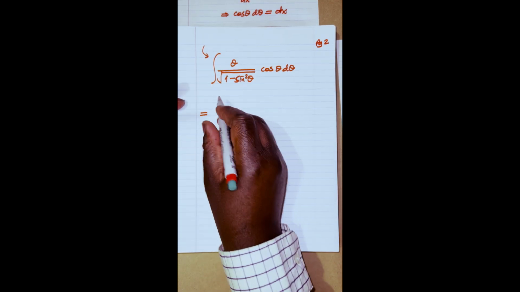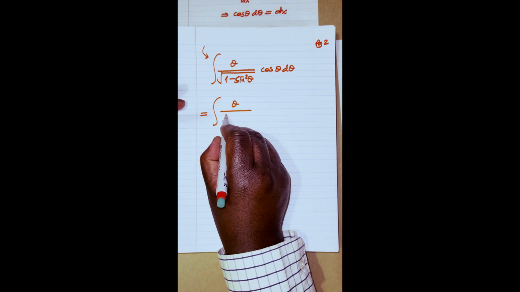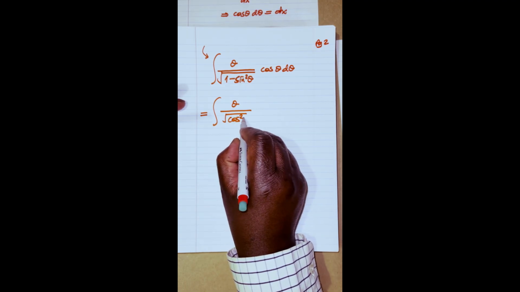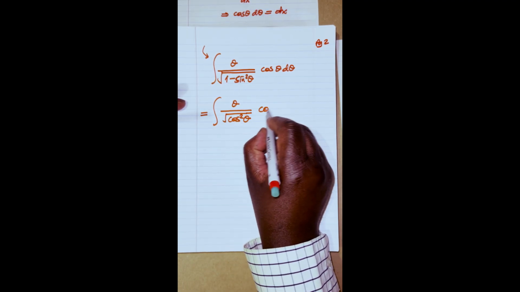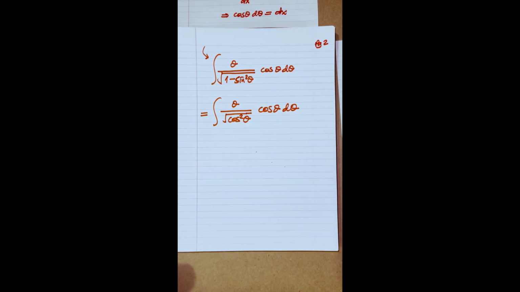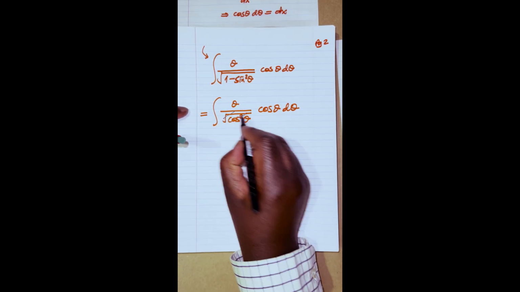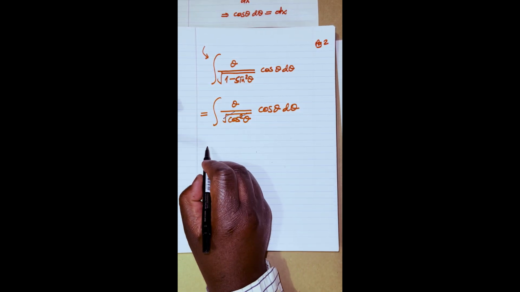This integral should be equal to the integral of theta in the numerator all over the square root of cos squared of theta, and then we have cos theta d theta. Now taking the positive square root of cos squared of theta, this cancels that. And so what do I have?